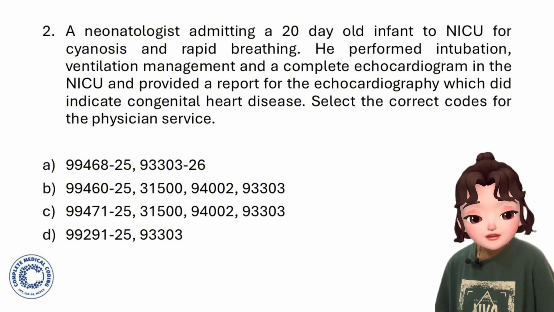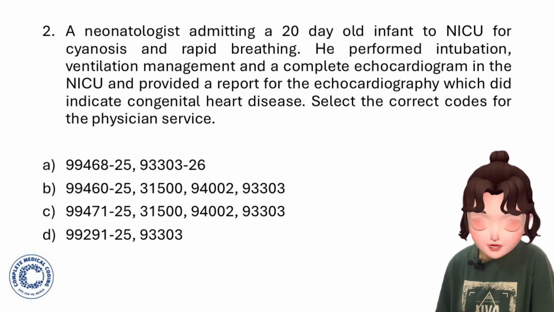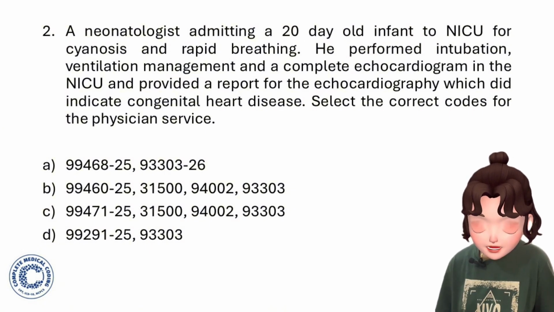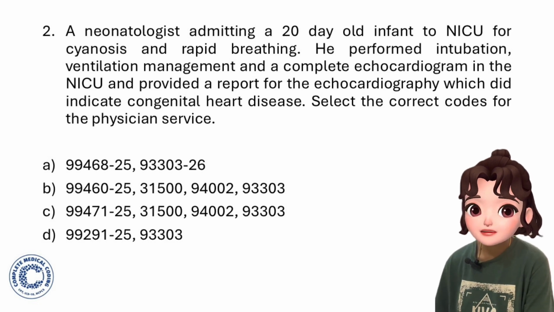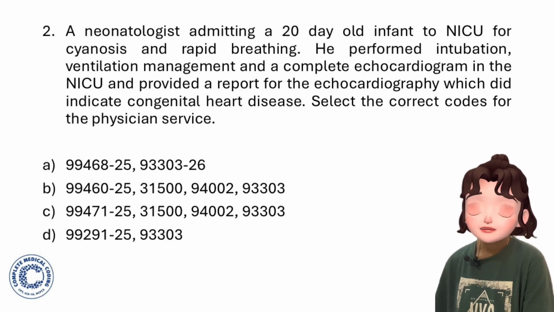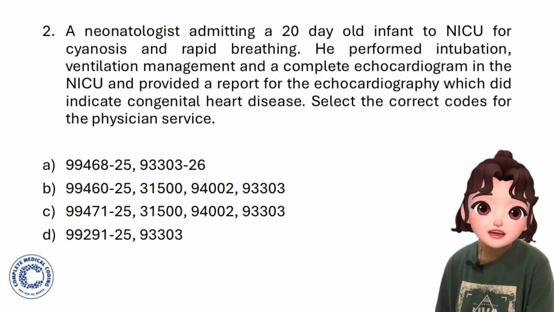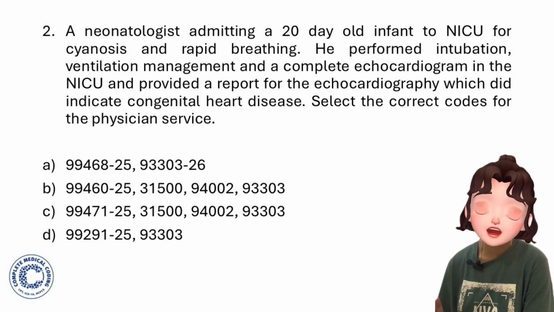That is also another code for critically ill patients, but not for infants. Yeah, 99291 is a critical care E&M code. That is also wrong because we have an exact code for the critically ill neonatal inpatient. That is 99468, which makes the answer option A.